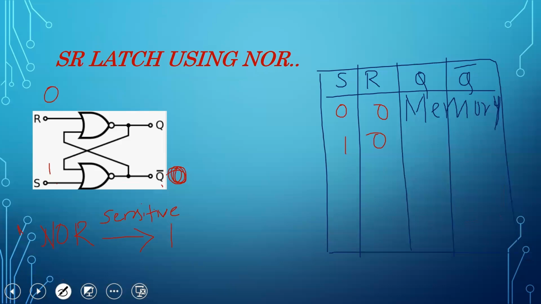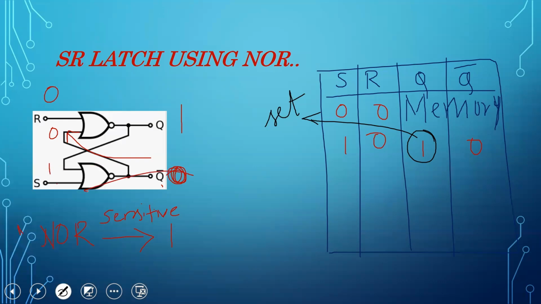So here Q bar becomes 0. Now Q bar goes here, that means 0 goes here. 0 plus 0 is 0, 0 bar is 1. That means Q is 1 and Q bar is 0. So now the latch is in the set state. When S is 1 and R is 0, the latch is in the set state.